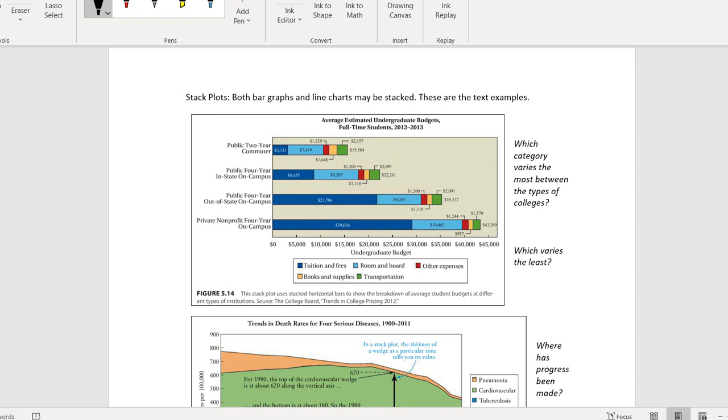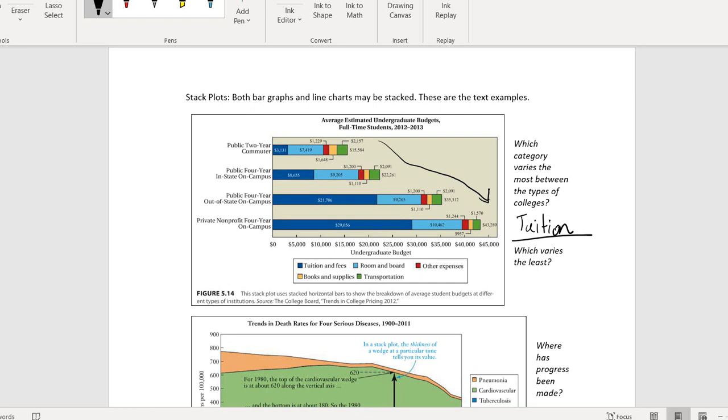So, obviously, we can see right off the bat that the longer you go to school, the more expensive it's going to be. As well, we can compare each category very quickly. So, which category varies the most between the colleges? Well, right off the bat, I can see that it would be tuition.